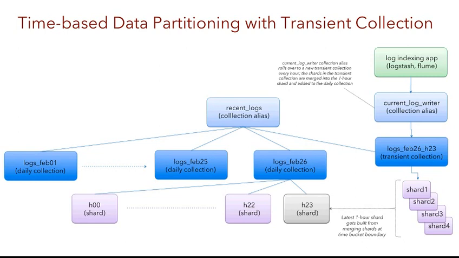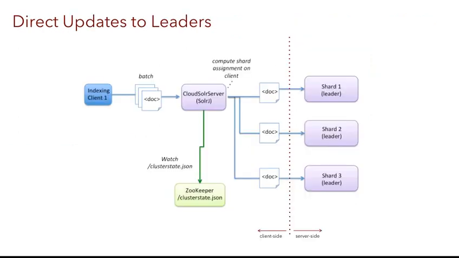Okay. And so briefly, I won't spend a lot of time on this diagram, but this is essentially how SolrCloud really performs well for indexing. And so you can imagine an indexing client sending a batch of documents into this smart client, which is now called CloudSolrClient, not CloudSolrServer, to be a little bit more intuitive.